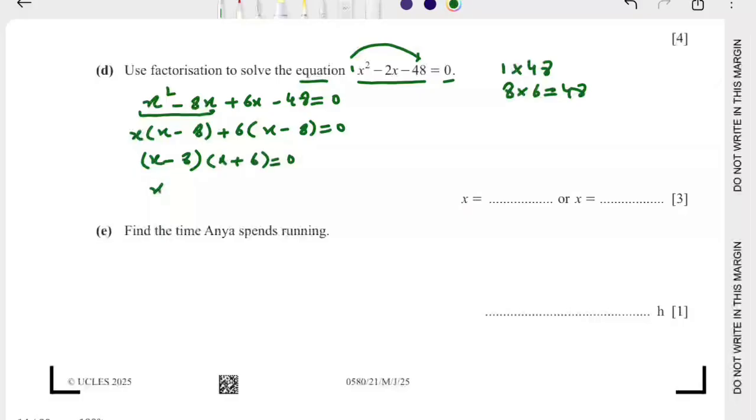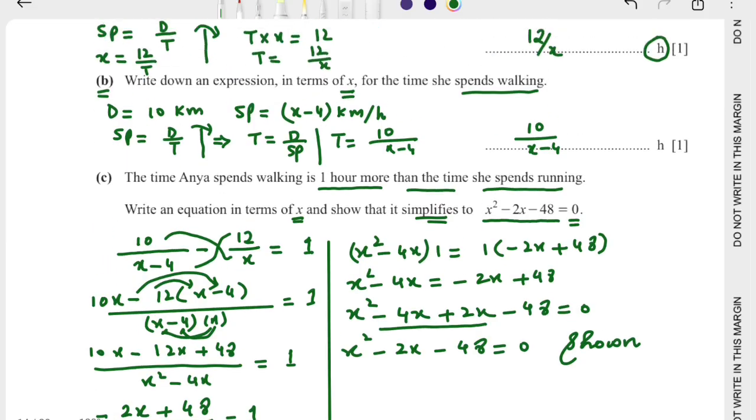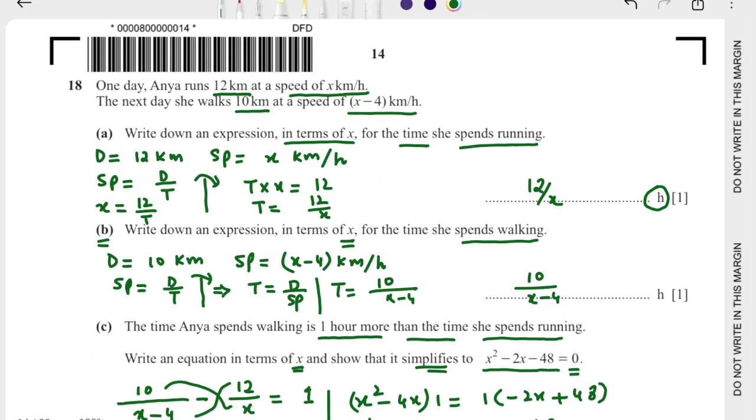So we have two values for x. One is x minus 8 is equal to 0 and x plus 6 is equal to 0. So one of the answers is 8 and the other is minus 6. Now E part. Find the time Anaya spends running. The time of Anaya's running is 12 upon x.